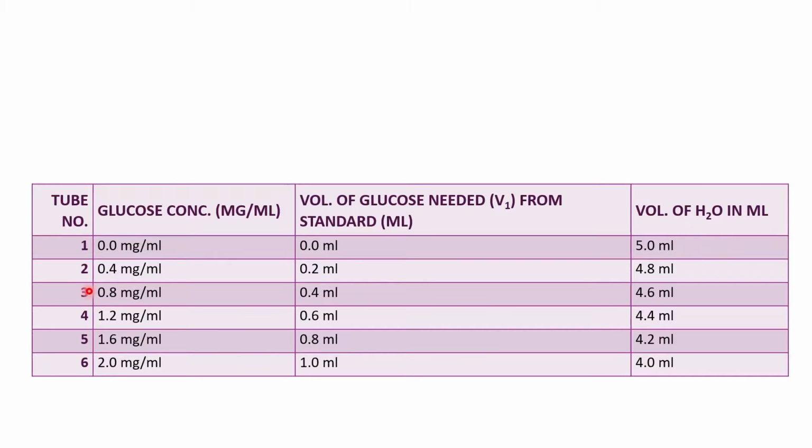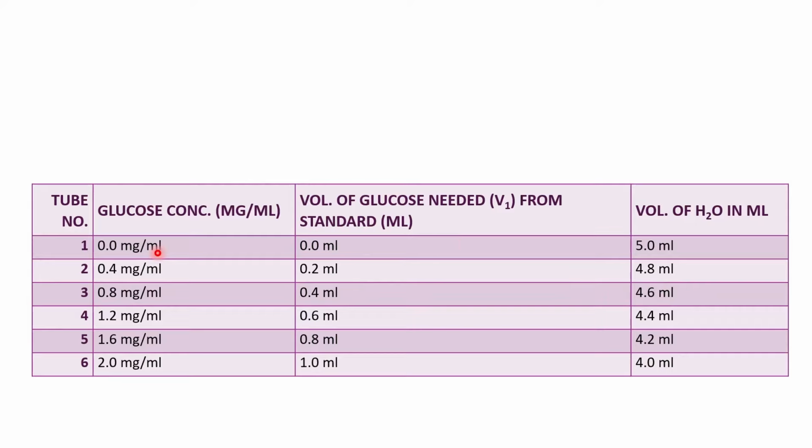To prepare the 0.4 milligrams per ml, we pick 0.2 mls of our standard and add it to 4.8 mls of distilled water. To prepare a concentration of 0.8, we pick 0.4 mls of the glucose standard and add 4.6 mls of distilled water to it.